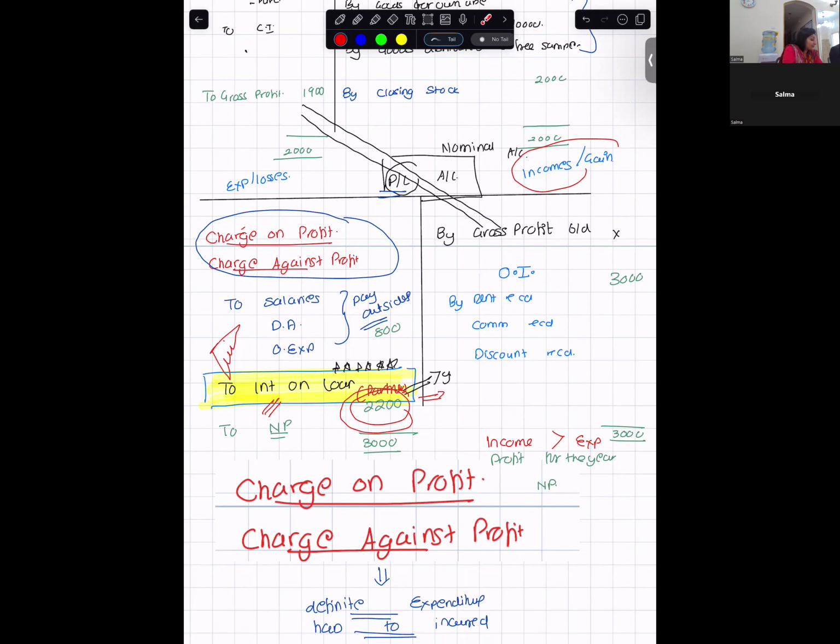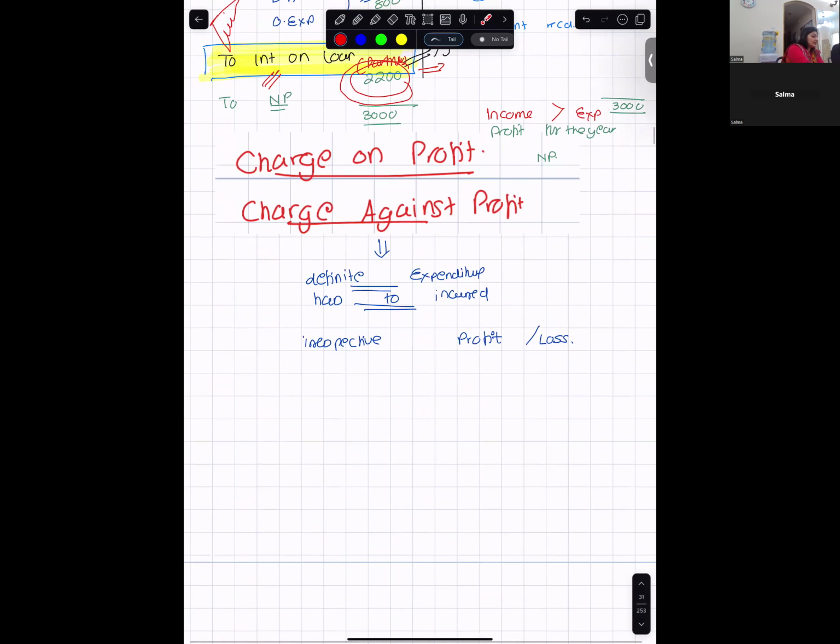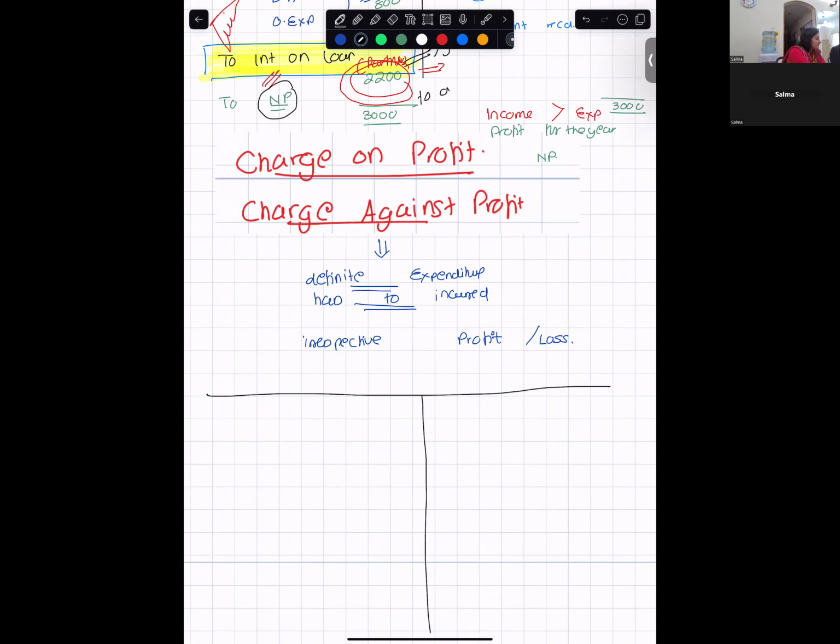But there is one exception to it, where the owner, the partner, is treated as an outsider. What is it? Interest on loan. Where is this net profit now taken to? This net profit is now available for distribution to owners.